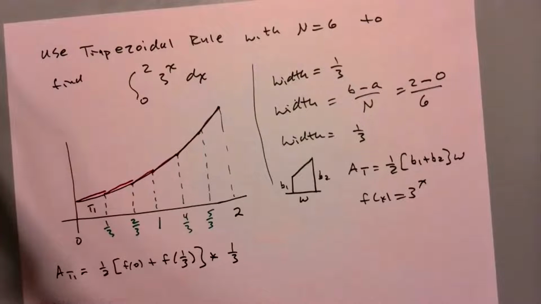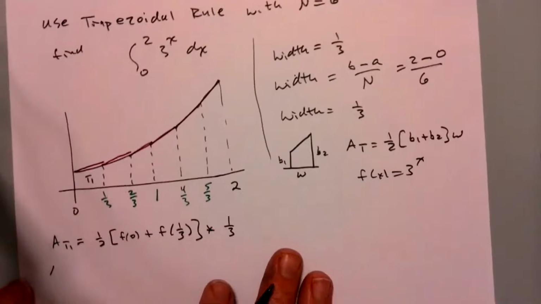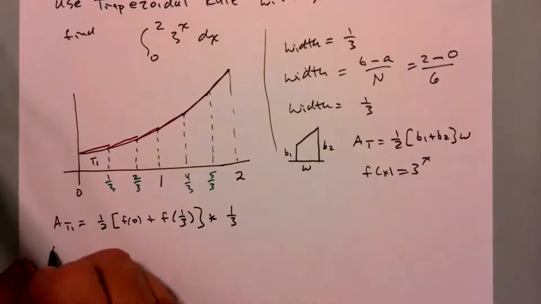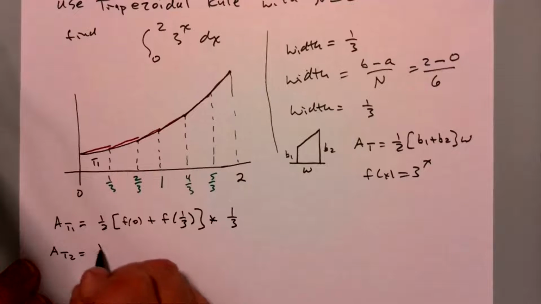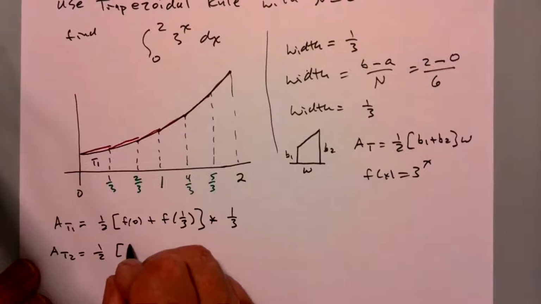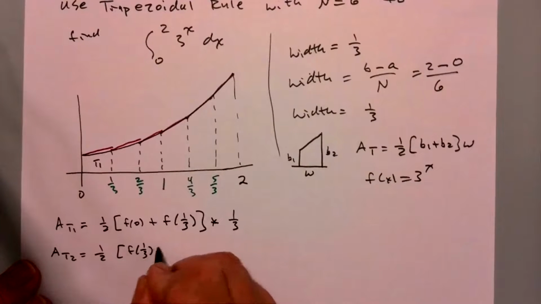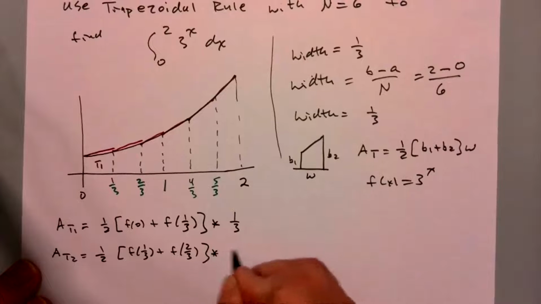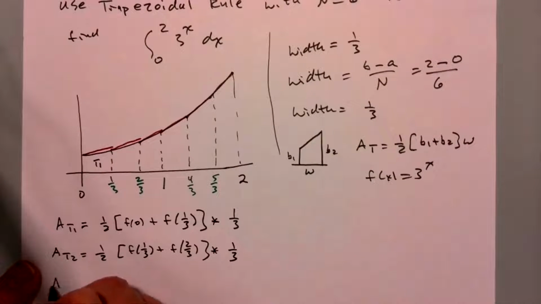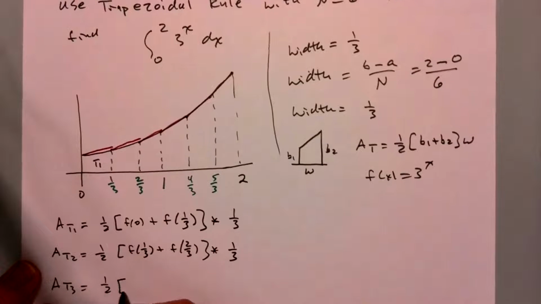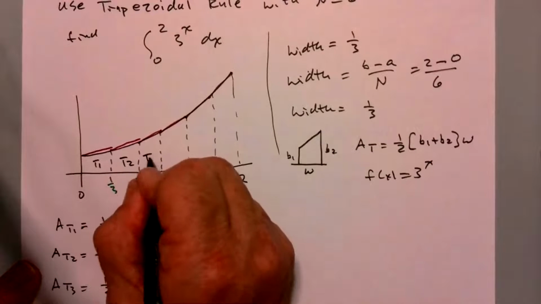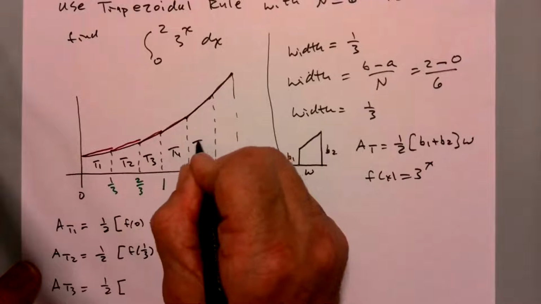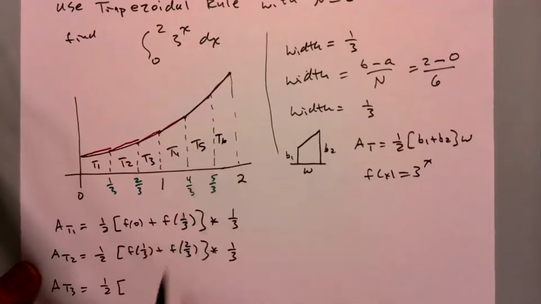The area of trapezoid 2 is going to be 1/2 f of 1/3 plus f of 2/3 times the width, which is 1/3. Trapezoid 1, trapezoid 2, trapezoid 3, trapezoid 4, trapezoid 5, trapezoid 6.